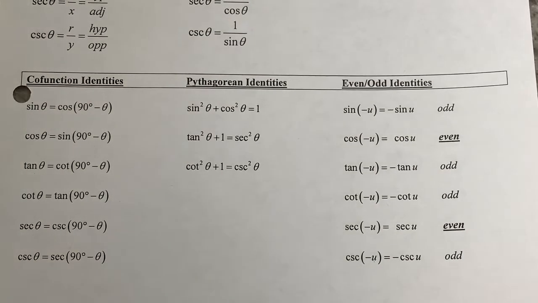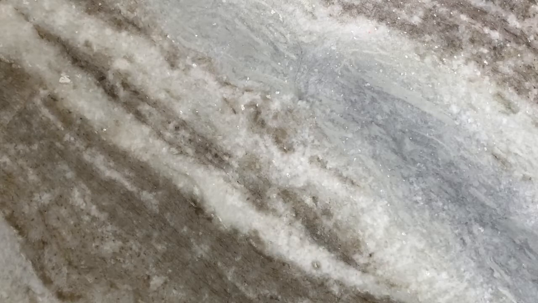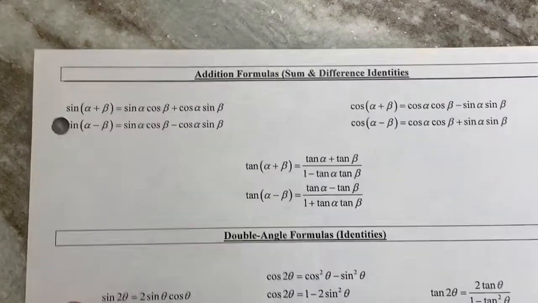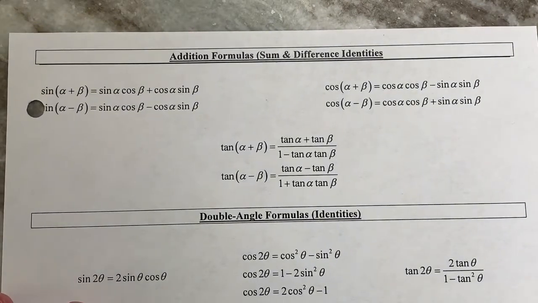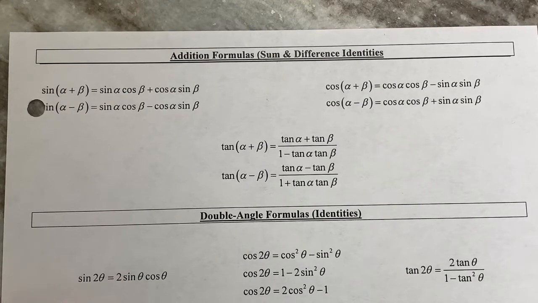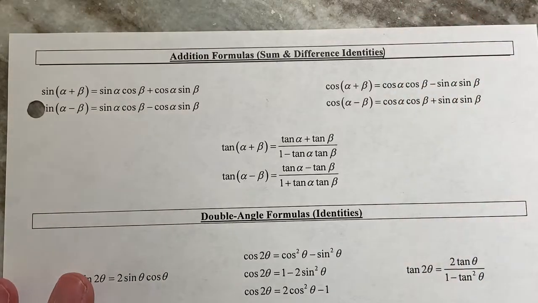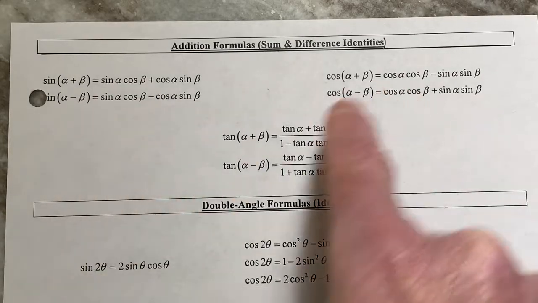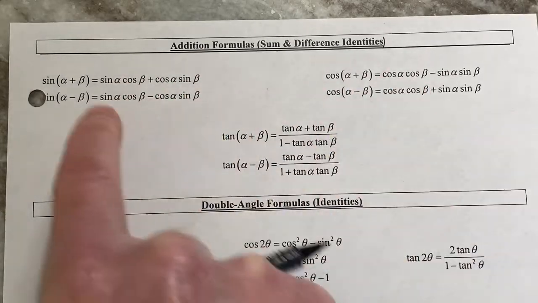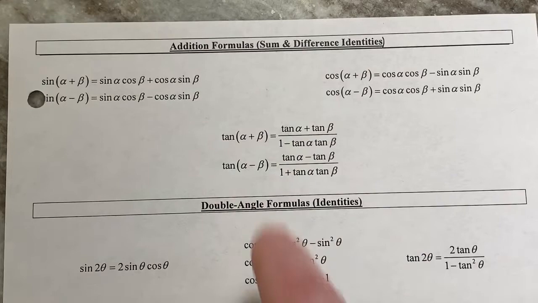And then what we're getting to next, and today we're going to talk about how to use those, are the addition formulas or the sum and difference identities. Okay? So those are these, and not quite sure why I'm missing a comma there. Oh well. But anyway, these are the 6 identities, the 2 for sine, 2 for cosine, and 2 for tangent.